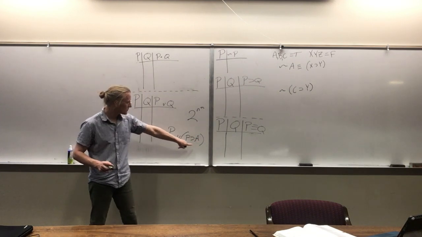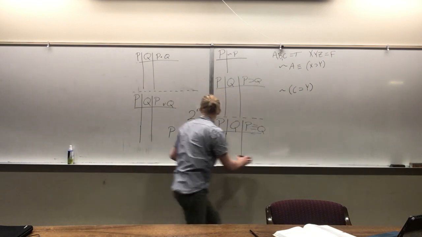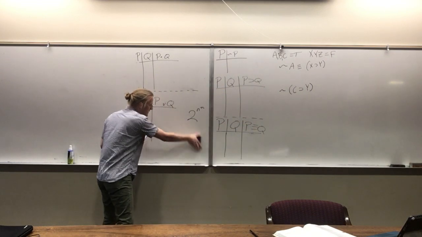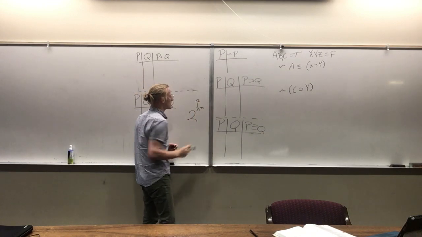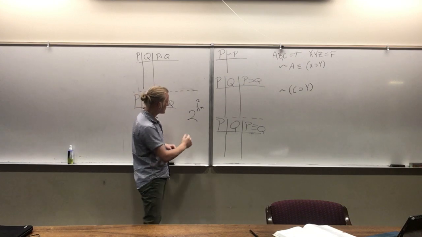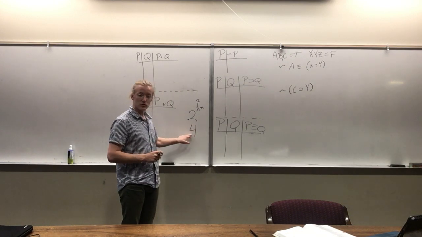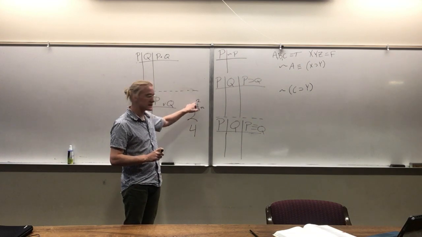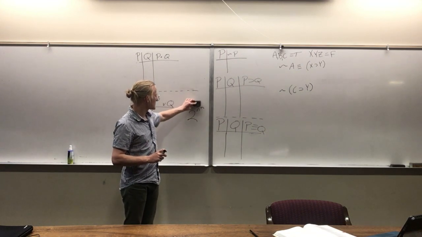So here there's only 2 unique sentence letters. And because there are only 2 unique sentence letters, I would only need to plug in a 2 here, which means that 2 to the second is 4, and so I'm going to need 4 different truth values for any truth table containing 2 unique sentence letters.